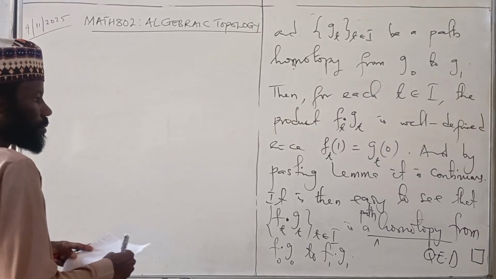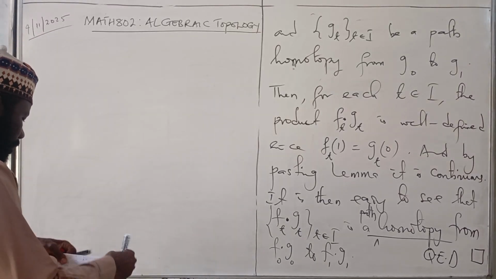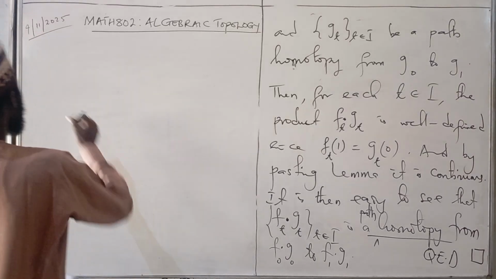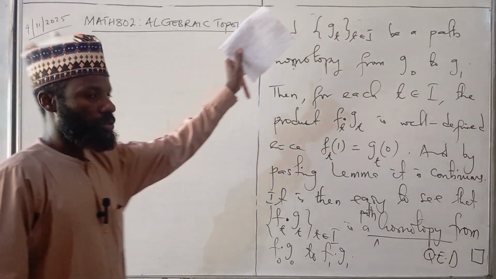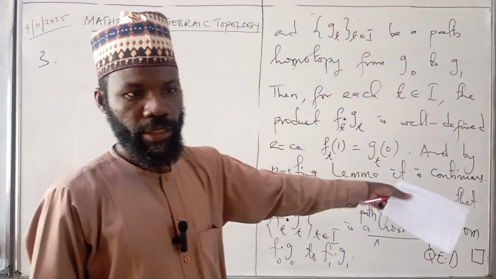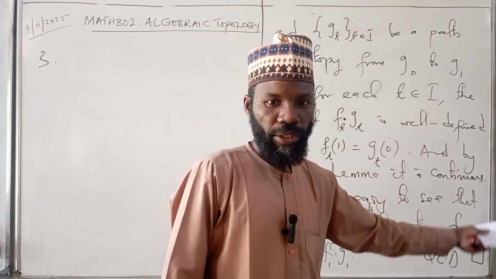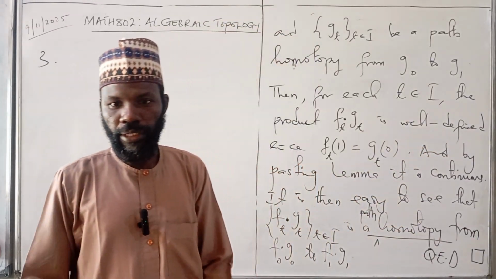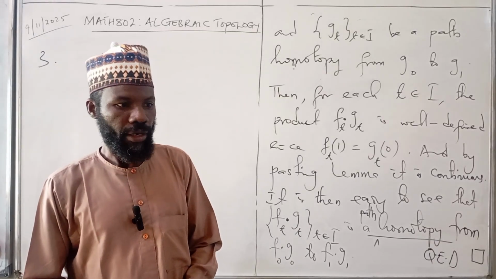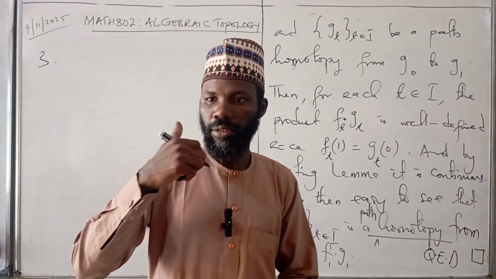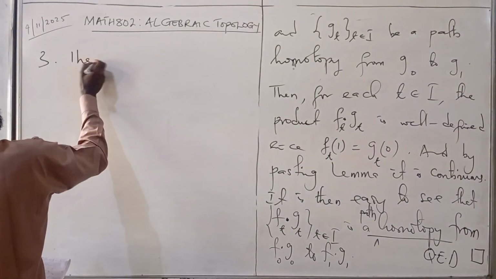So with this, I can start talking about fundamental groups. What I have said so far about path, homotopy and path homotopy is the second part of the course. This will be the third part of the course, the fundamental group.